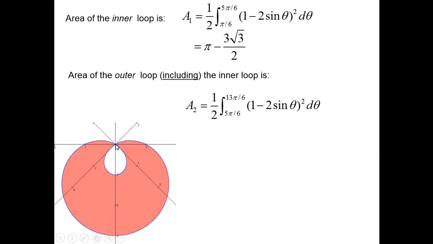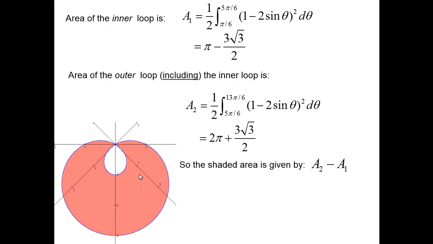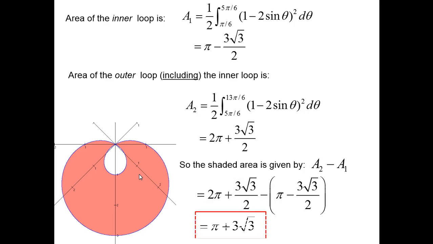So if I'm integrating from 5 pi over 6 to 13 pi over 6, that's all of this area, including that inner loop. That gives me this value. So how do you think we're going to get the area of the pink region? We're going to subtract the area of the entire thing, including the inner loop, minus the inner loop. We get an area of pi plus 3 radical 3.